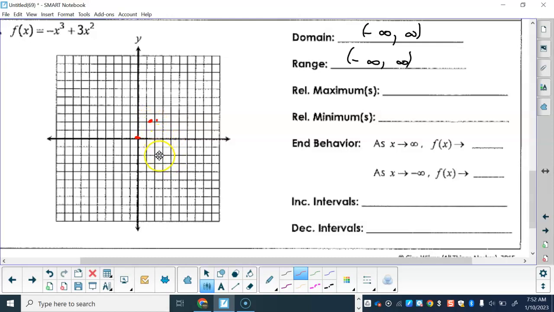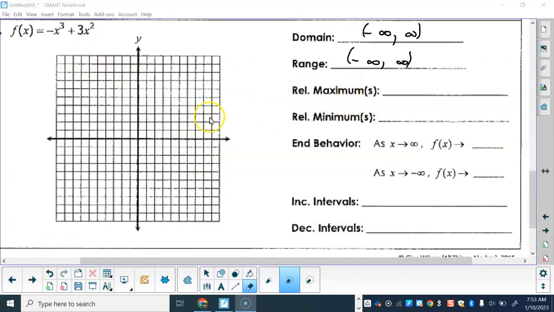Okay, and then we also had a place where it crossed the x-axis, a zero at 3. And we know the end behavior goes off this way and off this way. So with that, we can get a sketch of our graph. So it goes like that.